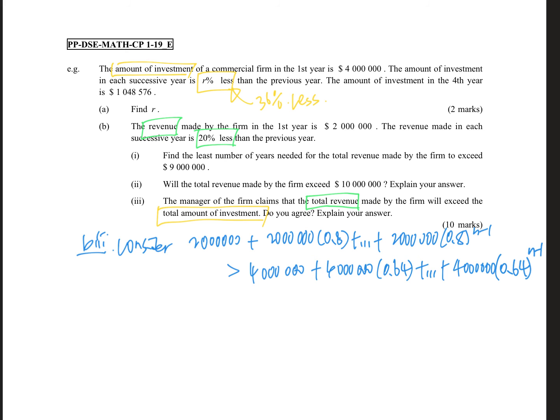If we can solve the n satisfying this inequality, then the claim is agreed. Otherwise, the claim will be disagreed. So that will be the general direction.